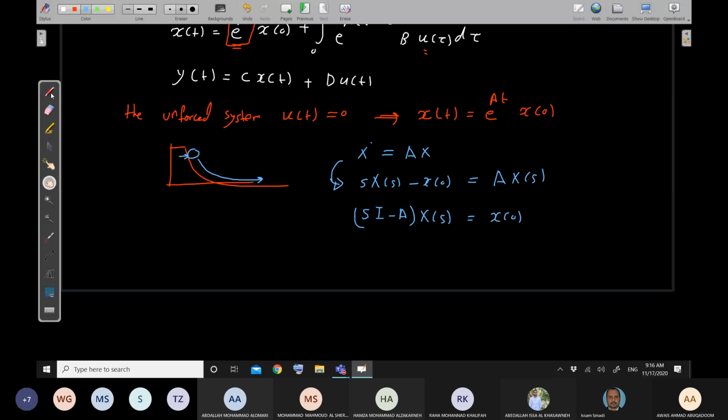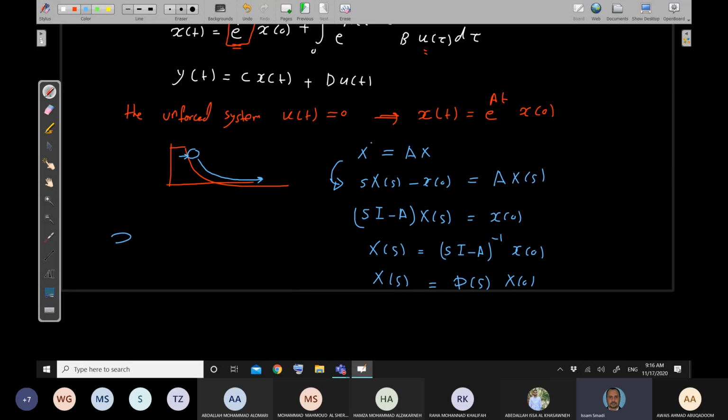Now, if I need to find X of S, this will equal (SI minus a) inverse times x of 0. So simply X of S equals phi of S times x of 0.